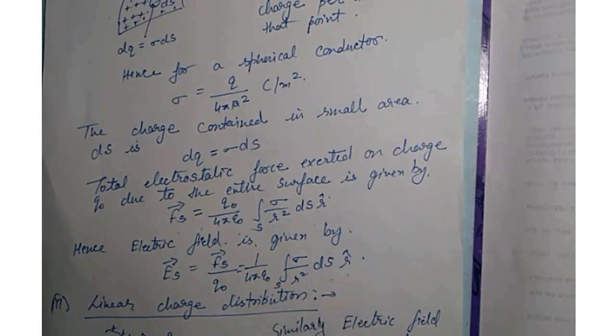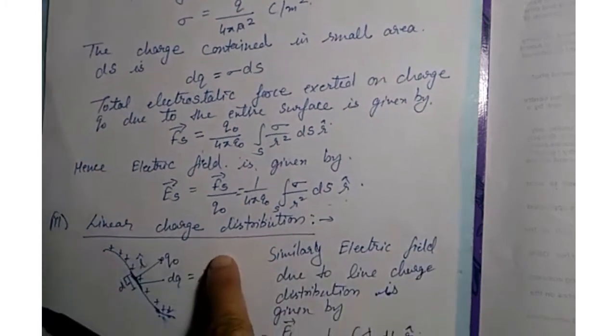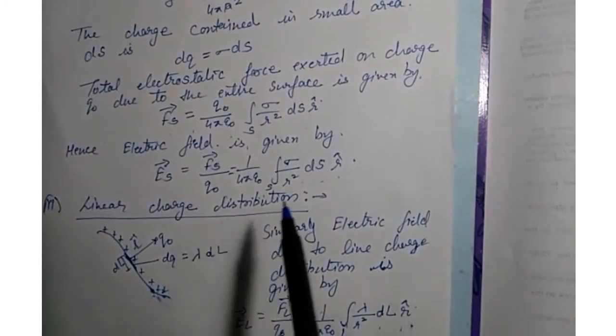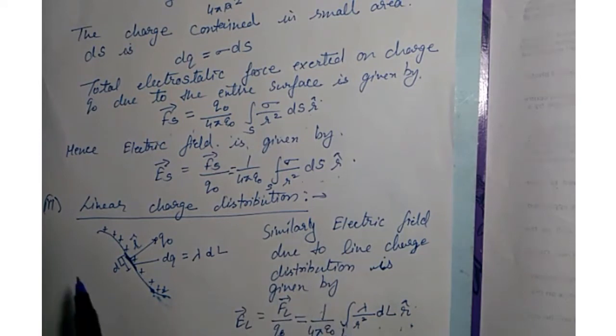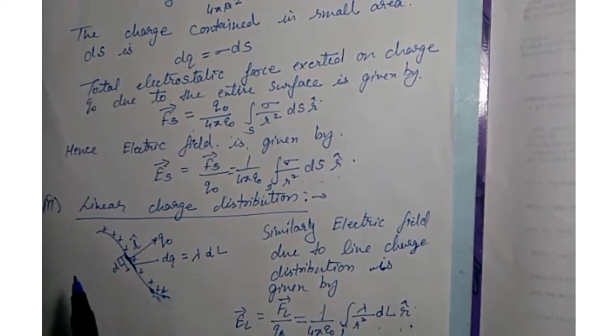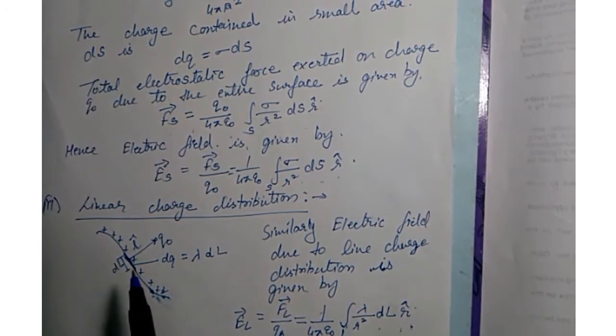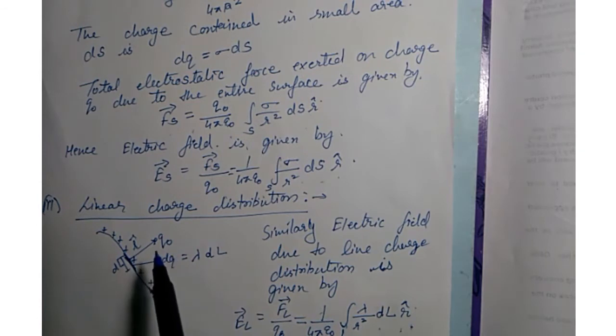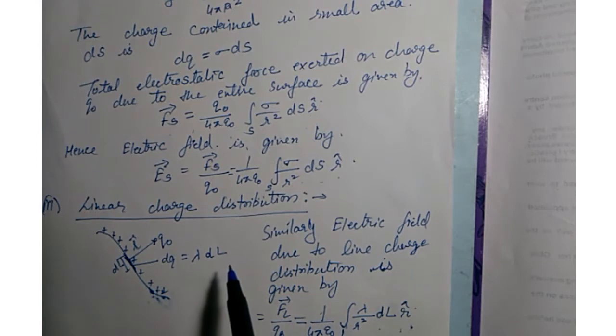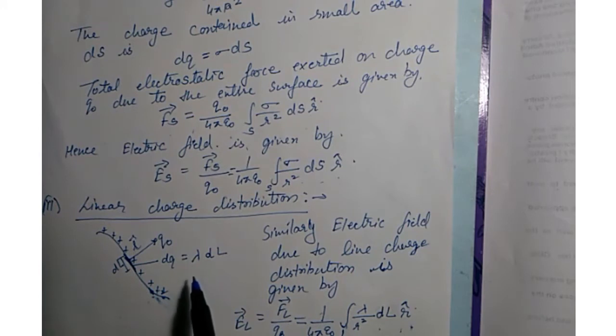Similarly, we can easily find out the linear charge distribution in which the whole charge is spread over the line. Consider the small length dl. Again, the test charge at distance r unit vector, and the small charge for this length is lambda dl, where lambda is linear charge density, that is the charge per unit length.